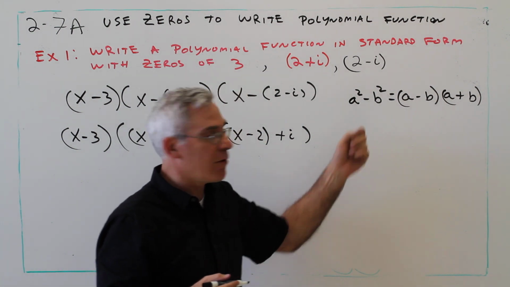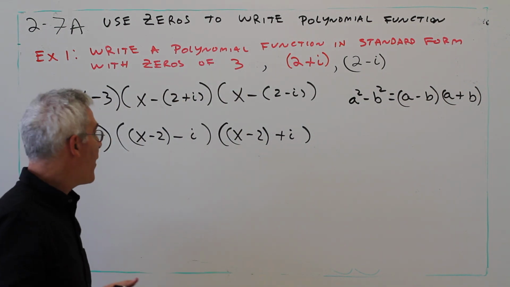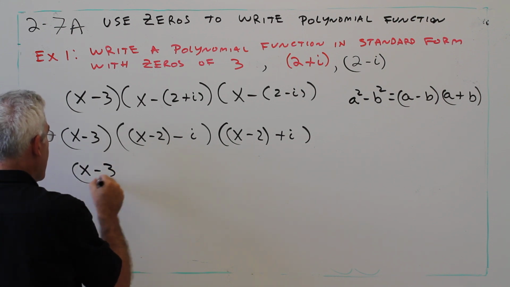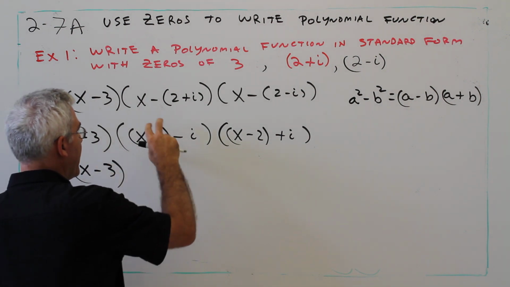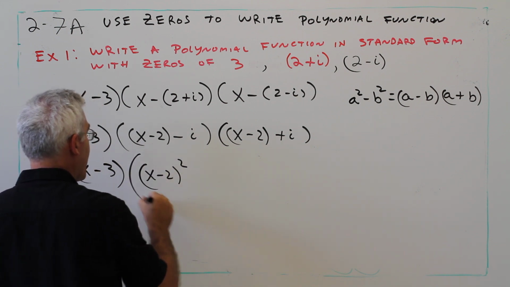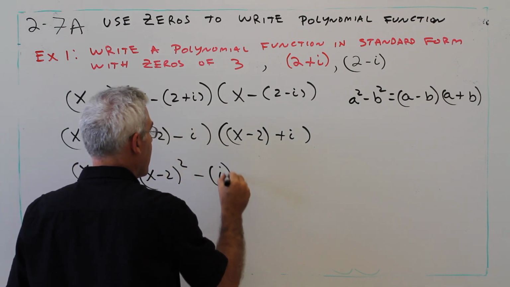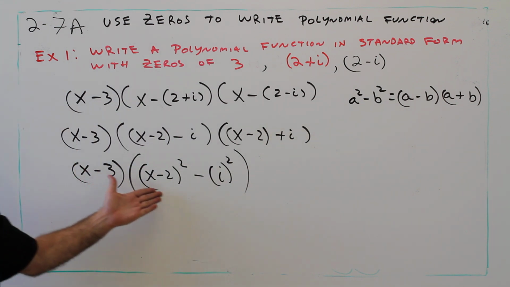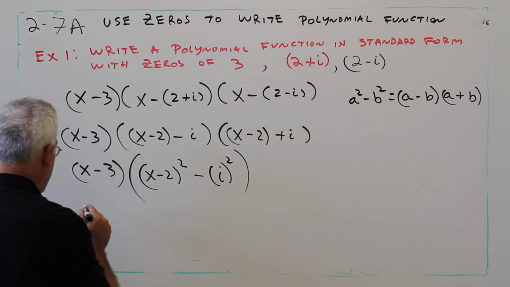If I've got this, I can go that way. So that will greatly simplify the algebra. All right, so it's going to be x minus 3 times this first thing squared, x minus 2 squared, minus i squared.